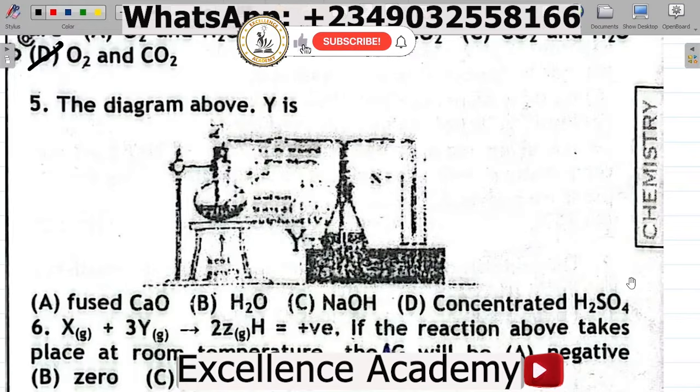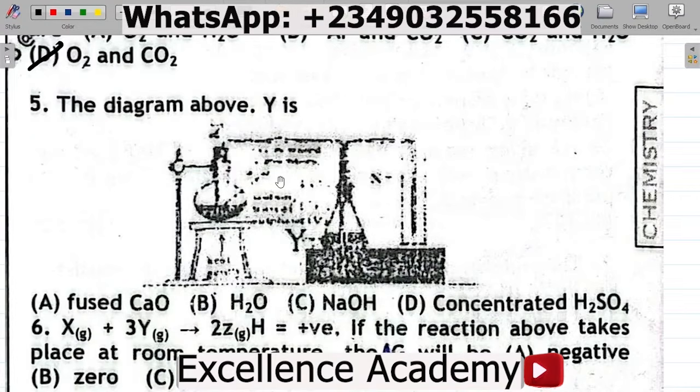Now, the first thing you want to note is that this diagram is not clear enough, but from what we have here, what they are trying to illustrate is the preparation of sulfur dioxide. In the preparation of sulfur dioxide, by the action of acids on sulfates and bisulfites, the concentrated H2SO4 helps to release the sulfur dioxide, that's SO2, from the mixture.